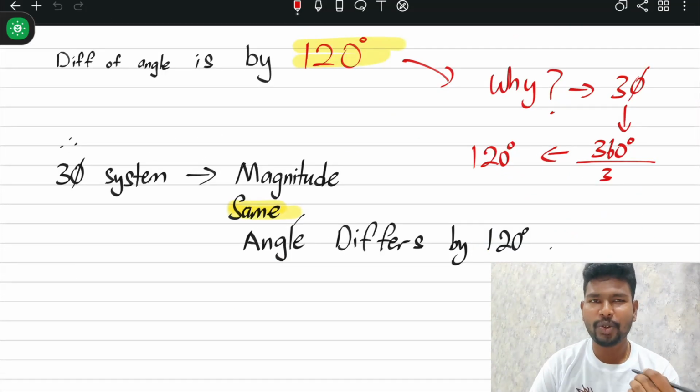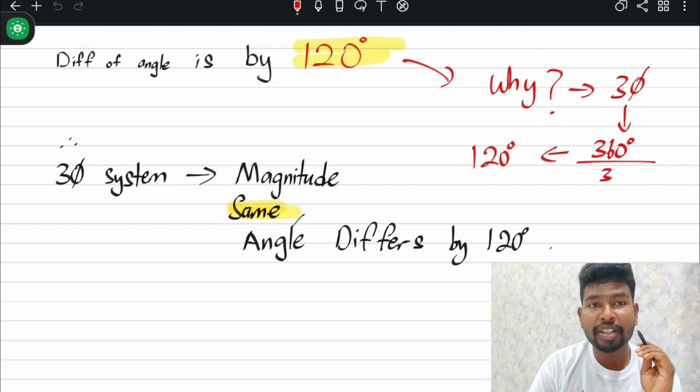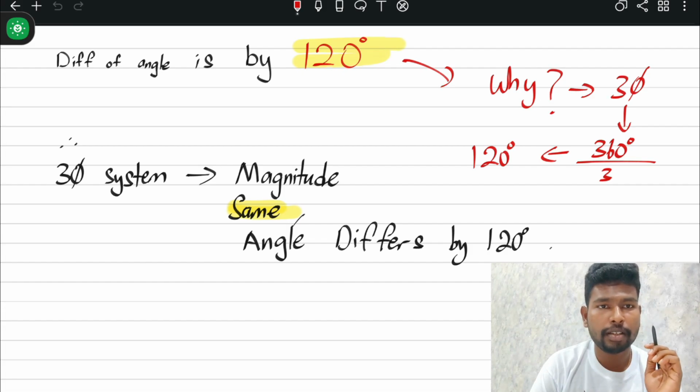You may ask, why does it require 120-degree angle of shifting for each phase? As we all learned before, a circle consists of 360-degree rotation. Therefore, when we are using a three-phase system, each system should be equally divided and contribute equal amount of phase shifting.